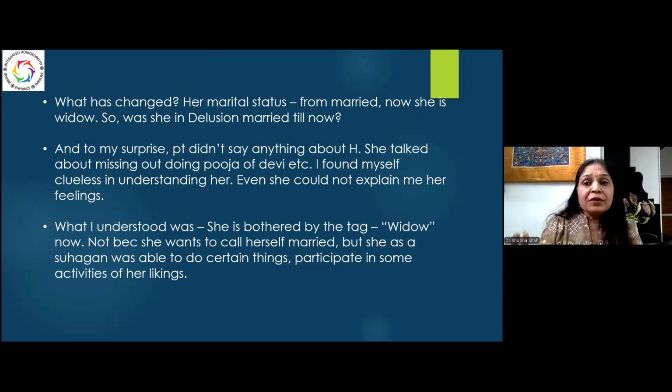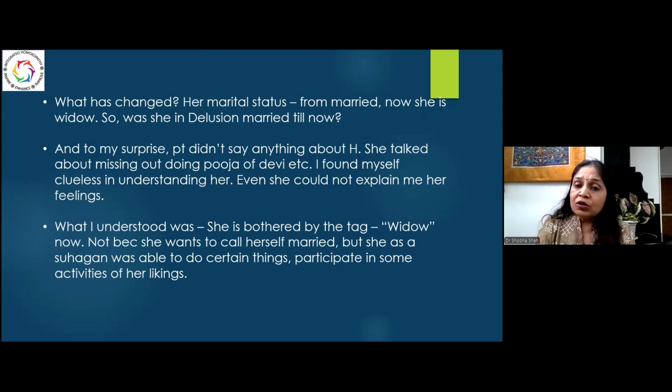Also, one question came to my mind: was she feeling herself to be married till now? What has changed is just her marital status, that earlier she was married and now she has become a widow. So is it the delusion that she feels herself still married? But I did not find much attachment to her husband in her talk either. So when I tried to think a little more, what I felt was, what is she really bothered about?